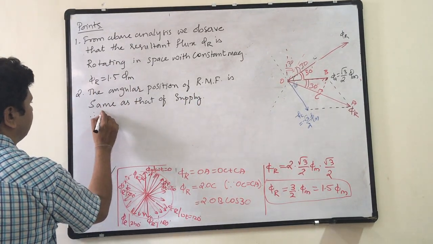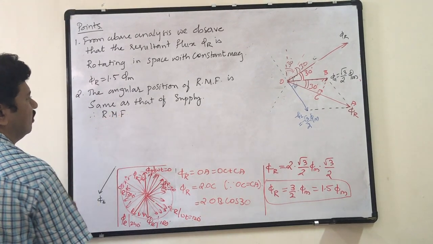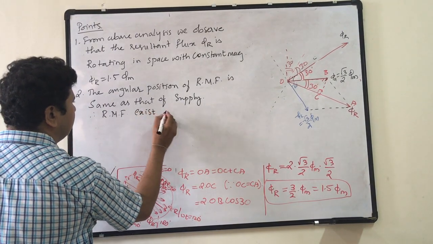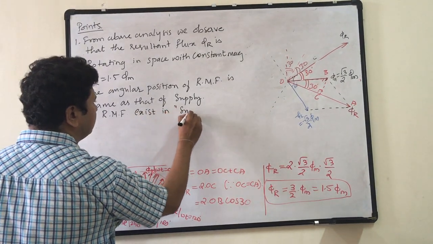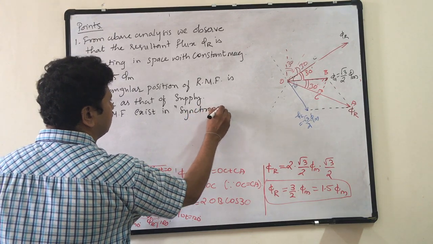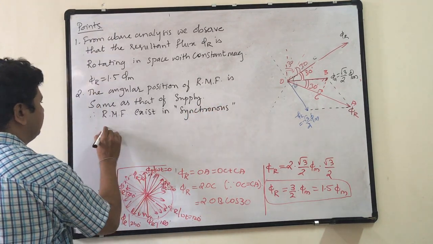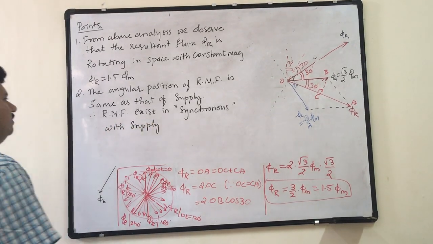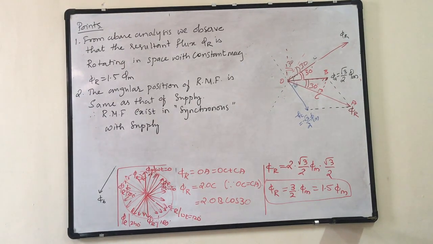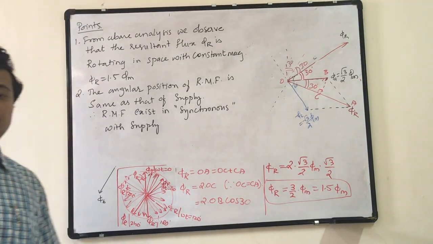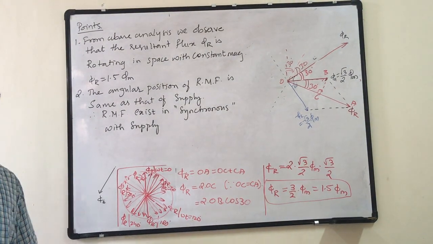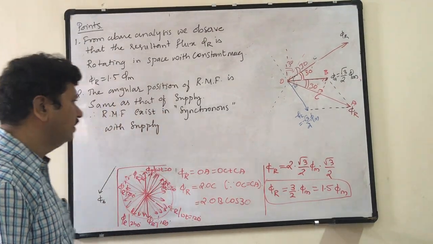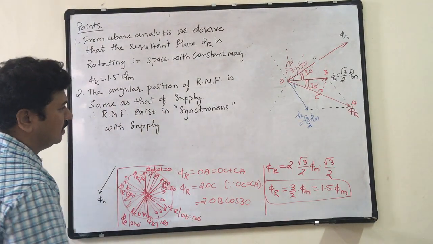Therefore, rotating magnetic flux and rotating magnetic field, both are the same, exist in synchronous with the supply. So as the angular position of RMF is in synchronous with the supply, the frequency of RMF is also the same as that of the supply. If the supply is 50 Hz, the frequency of the rotating magnetic field is also 50 Hz.